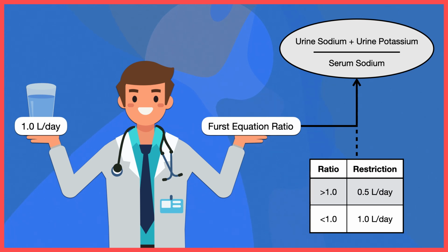If the result is greater than 1, a more stringent restriction of around 500 milliliters per day is warranted. If the result is less than 1, then a less stringent restriction of approximately 1 liter per day should get the job done.